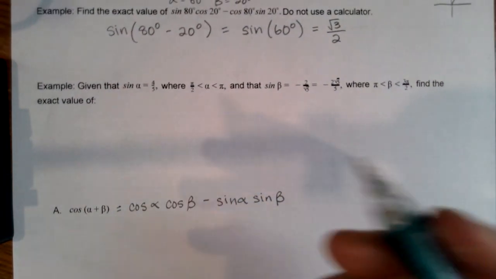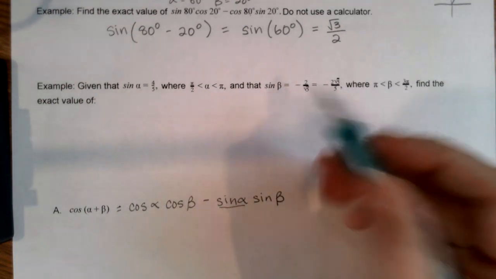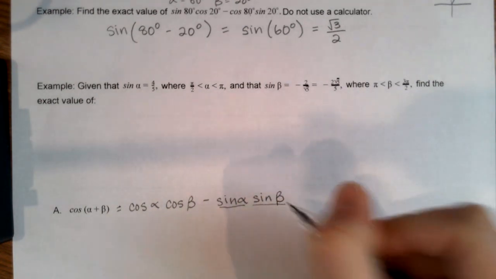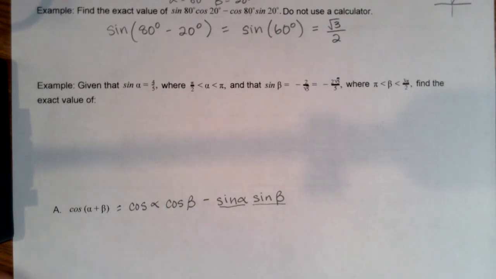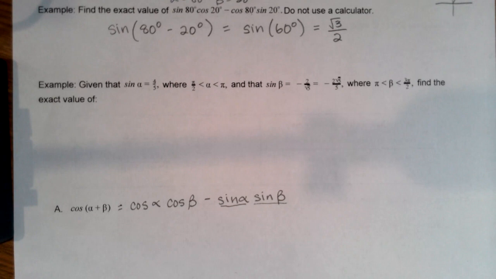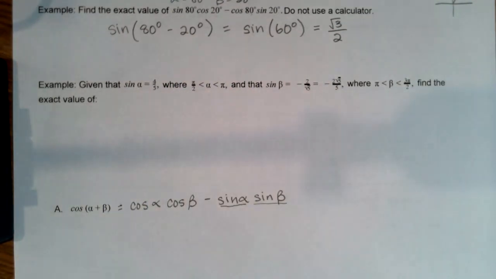So I am given sine alpha and I am given sine beta, but I don't have my cosine alpha and my cosine beta values. So what I'm going to do is draw these angles, alpha and beta, in standard form, and determine the cosine from those drawings.